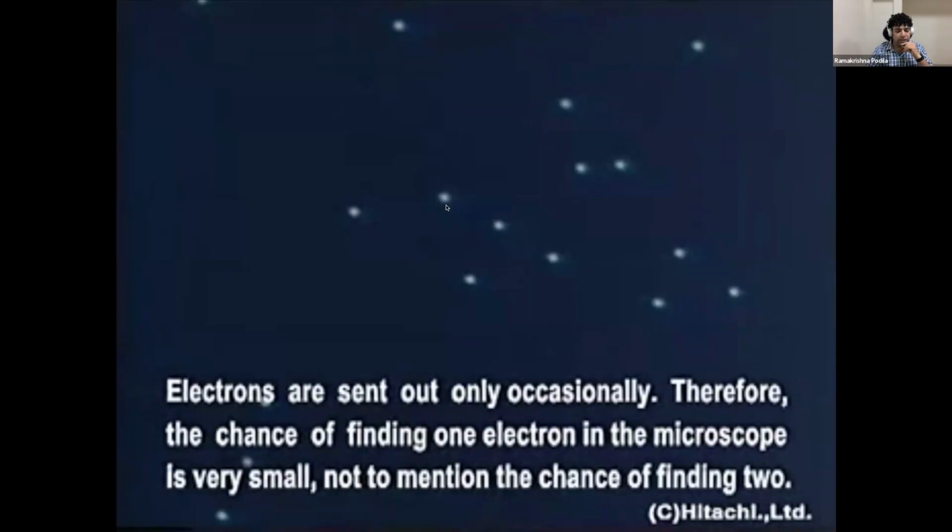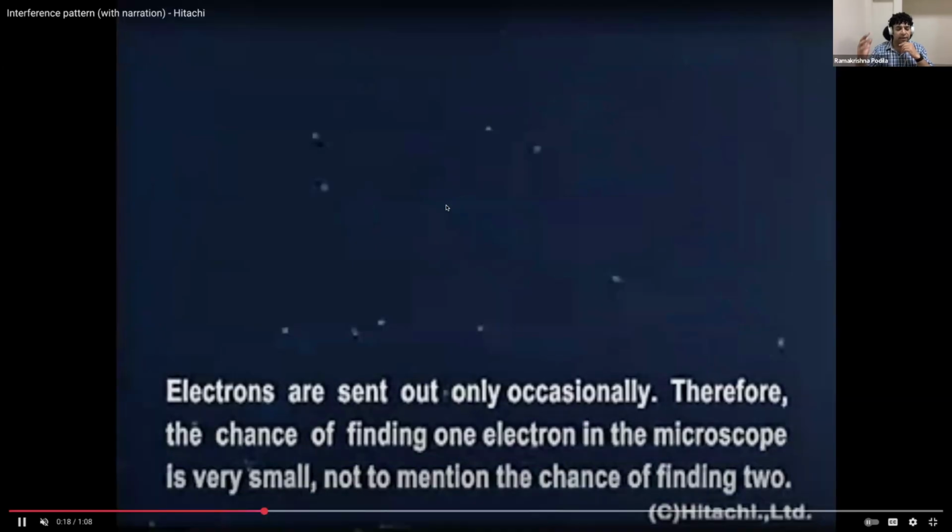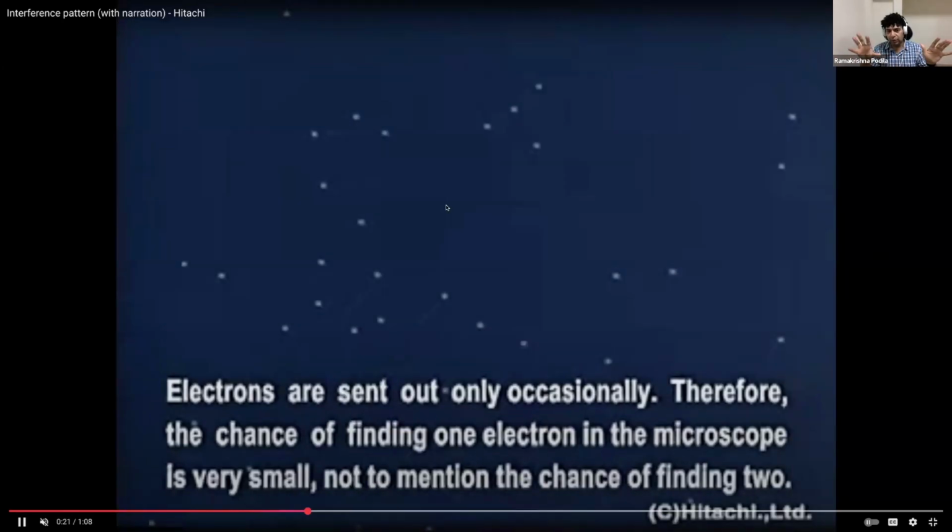So I'd like to pause the video, and when you look at the screen here, you see that these localized spots pretty much appear randomly. There is no pattern to them. That is, electrons are being emitted from the filament and they're hitting the screen at some point, and so they appear to be random.